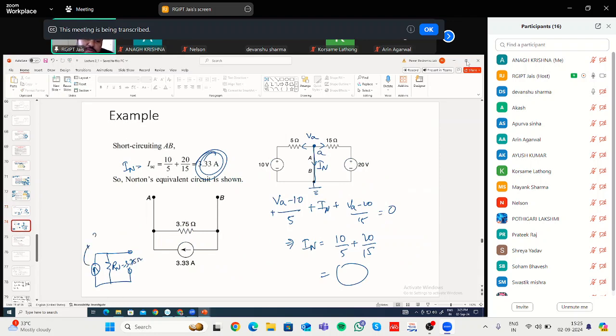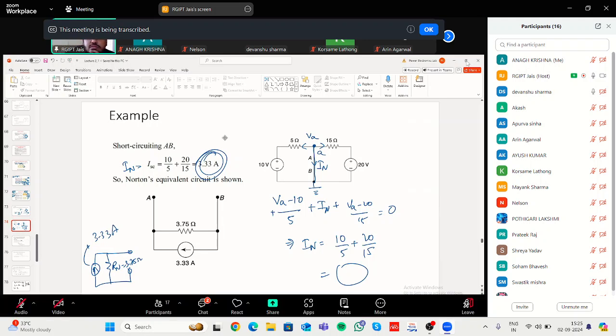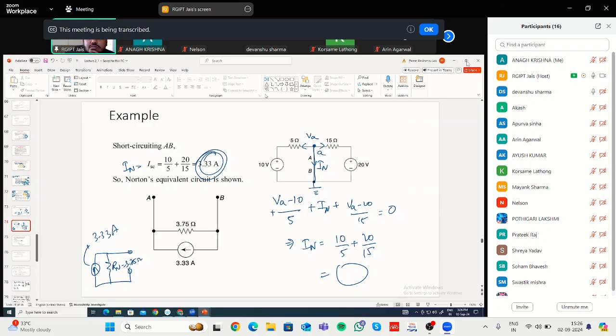And this In will be 3.33 ampere. So this is your Norton's equivalent circuit.